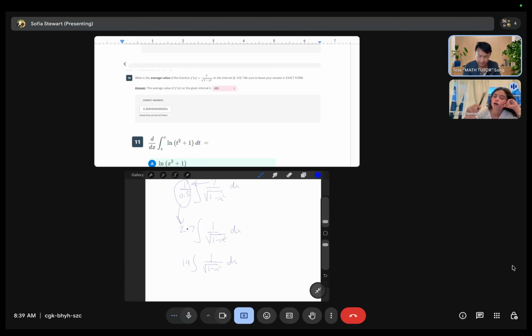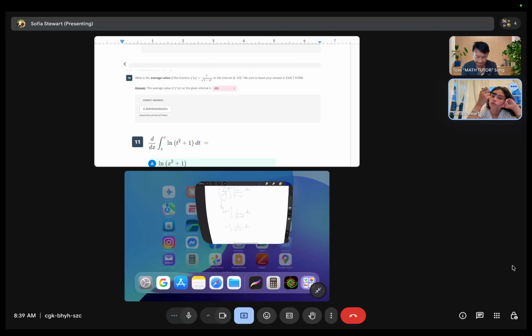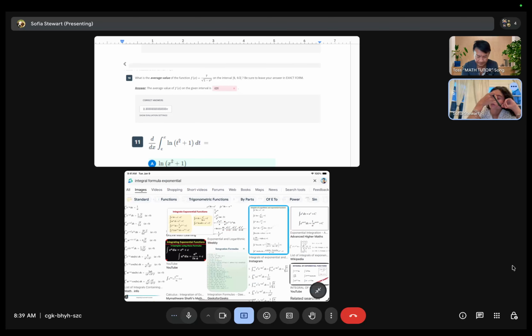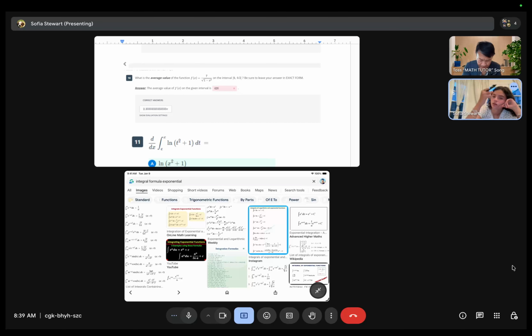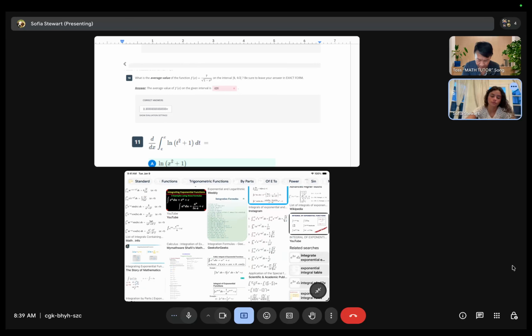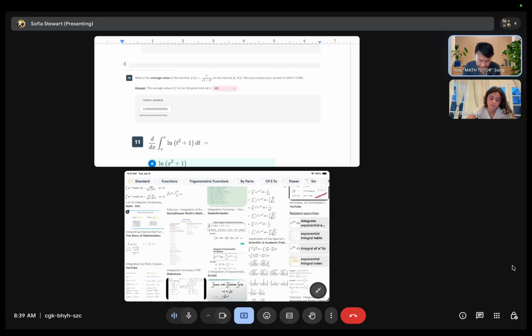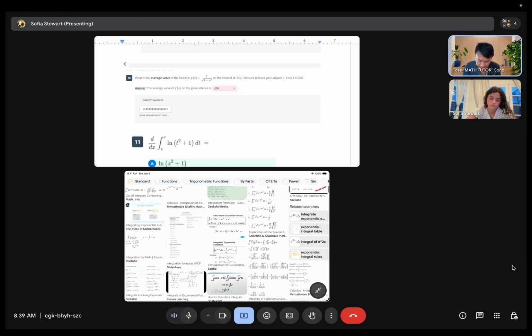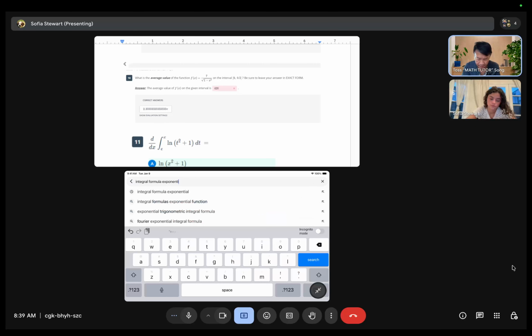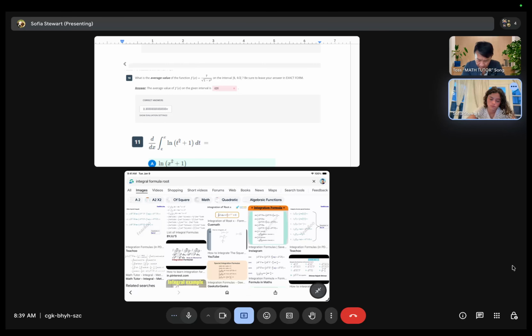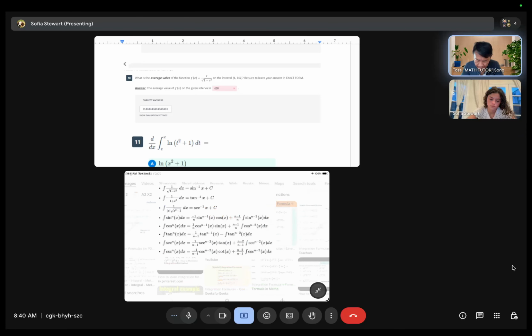So the integral of 1 over root... no, actually I have no idea. If you're not sure, you just look up the integration of a root, the reciprocal of a root. And here it is, the very first one here.